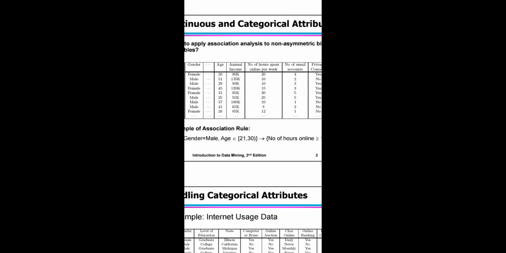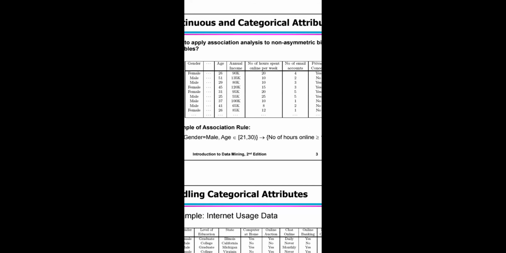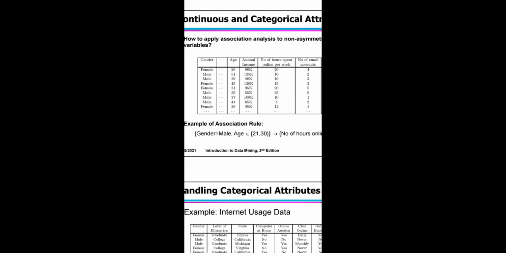Here you have two types of attributes. One is the symmetric binary attributes like gender, computer at home, chat online, shop online, privacy concerns. The other is the nominal attributes, level of education and state.